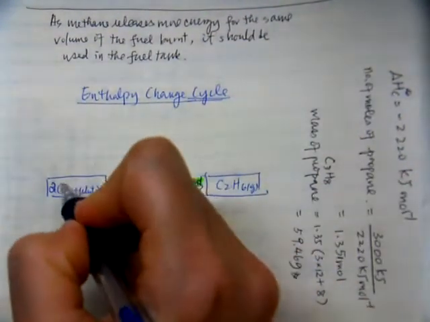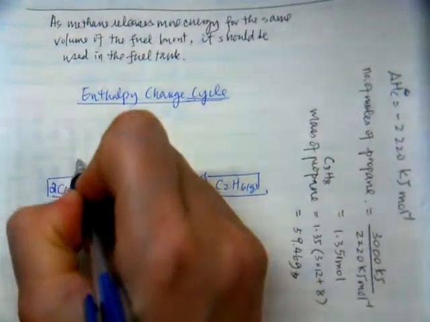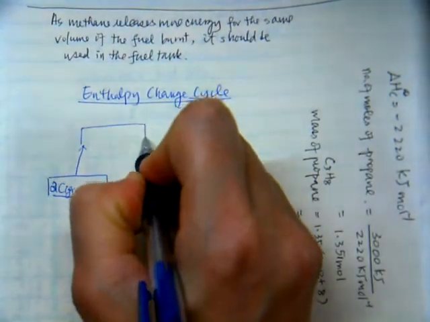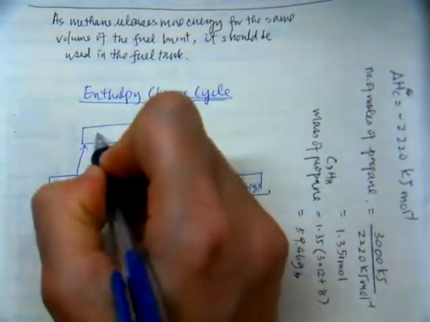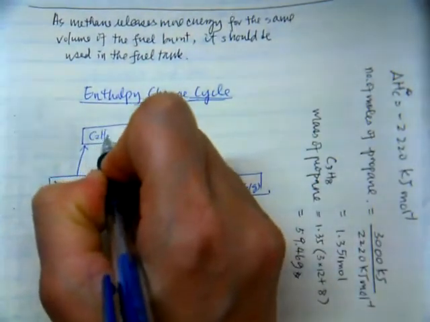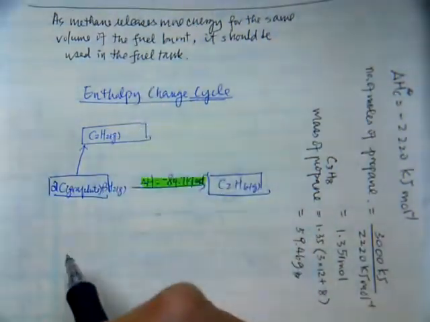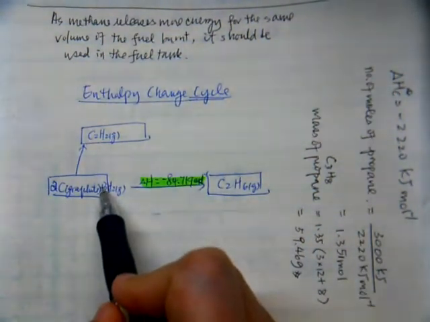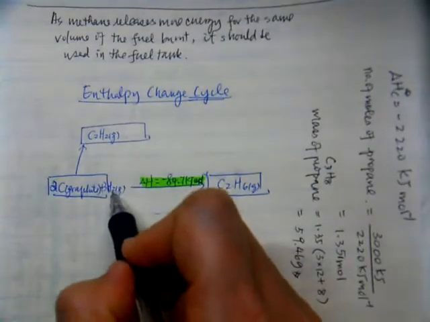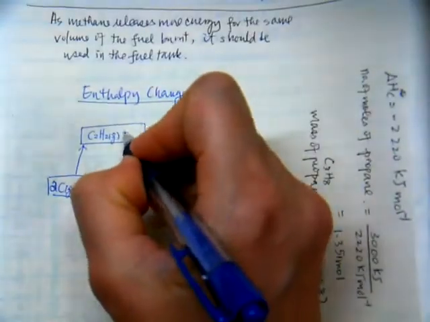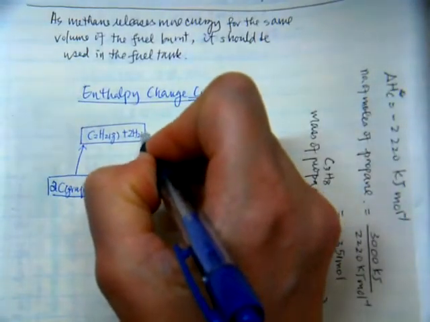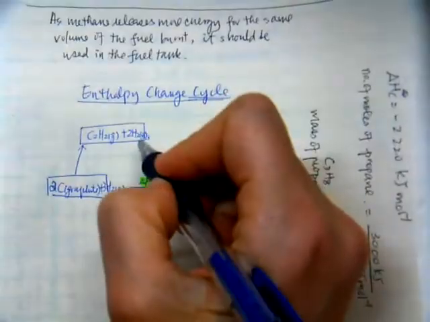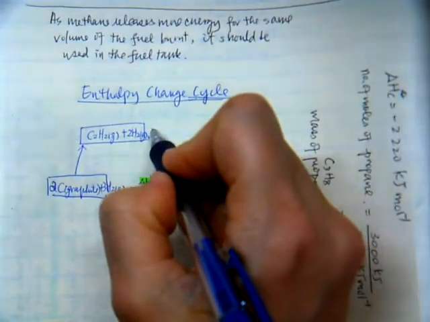For route B, first of all, C2H2 is produced. Okay, now in balancing the equation we need only one H2. That means two H2 haven't been reacted. That is the first step of route B.